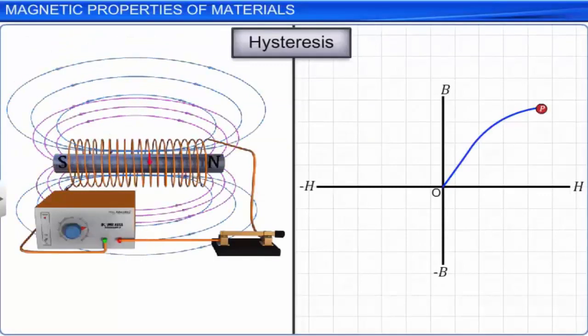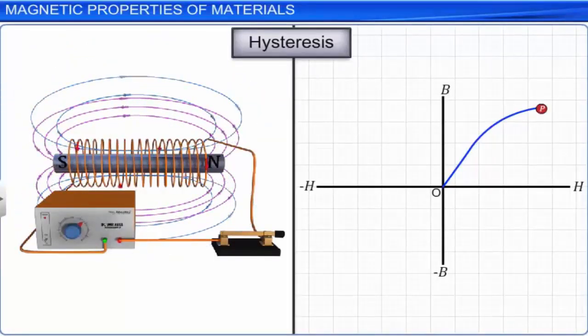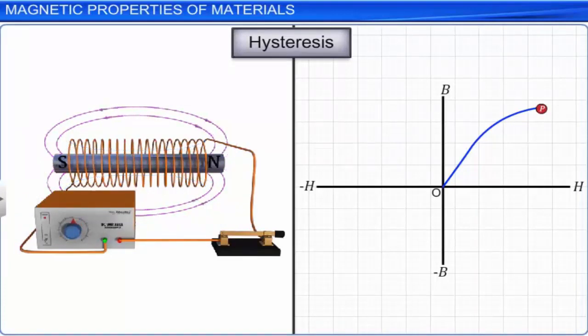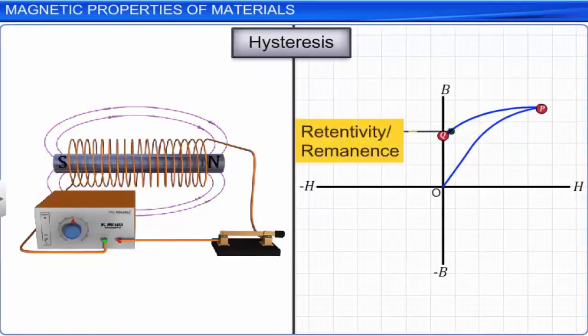By reducing the current through the solenoid, the applied magnetic field H decreases to 0. When H is equal to 0, the magnetic field strength in the ferromagnetic material B is not equal to 0, and this is represented by the curve PQ in the graph. The value of B at H equal to 0 is called retentivity or remanence.